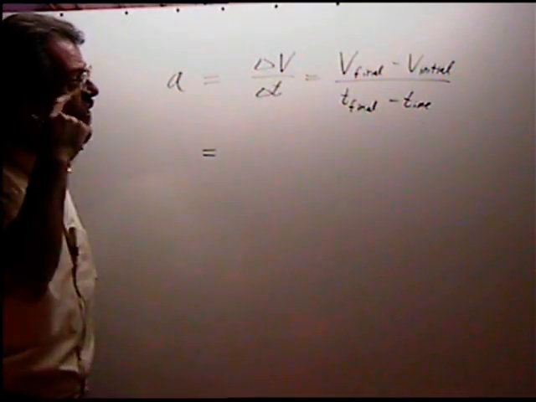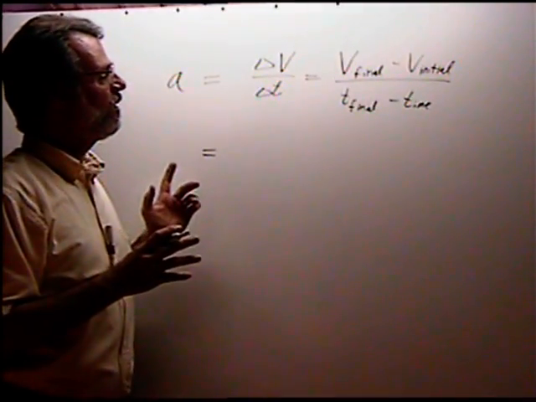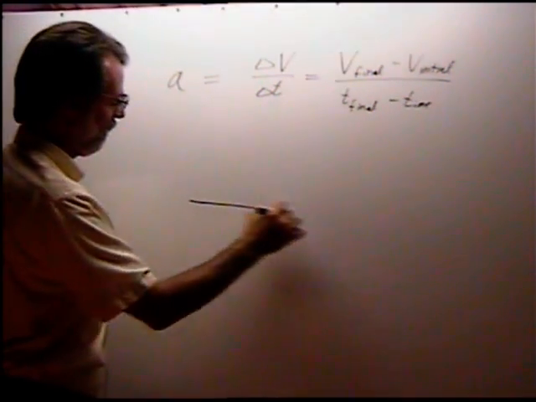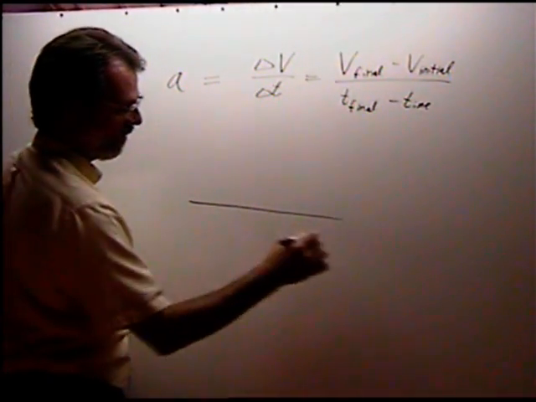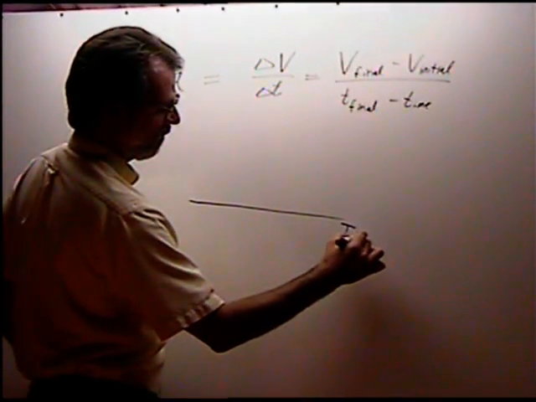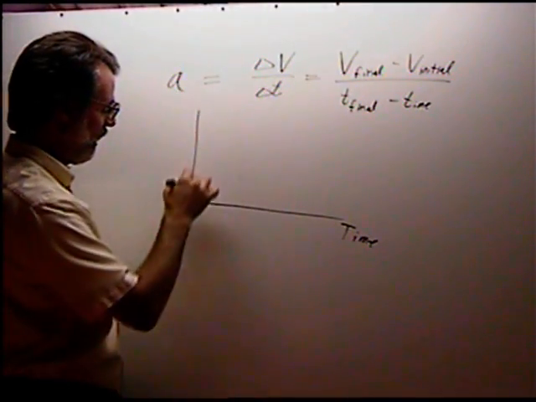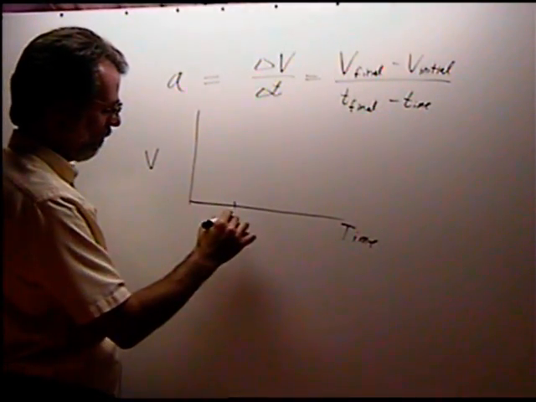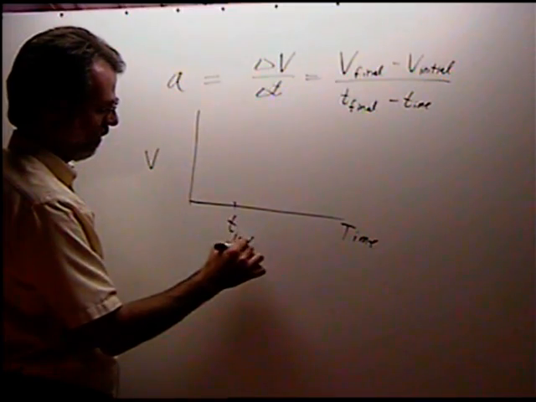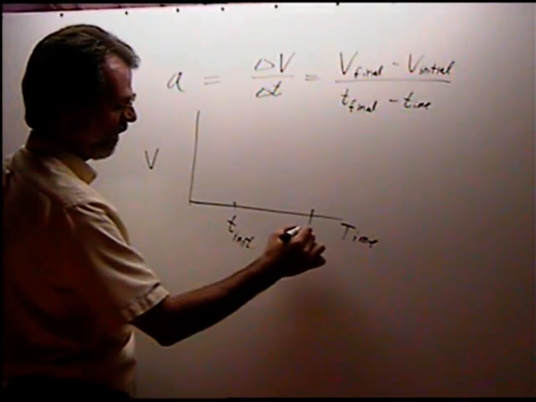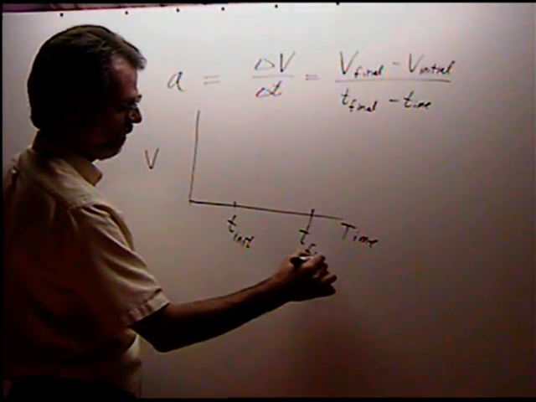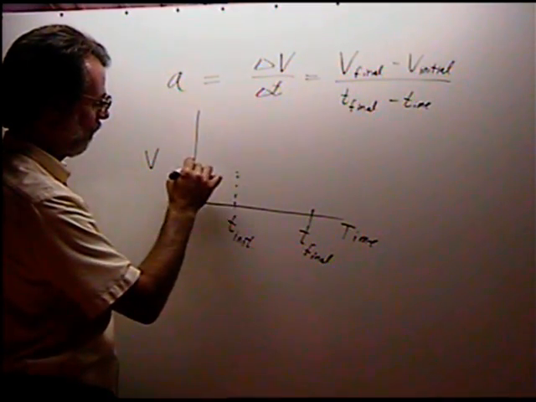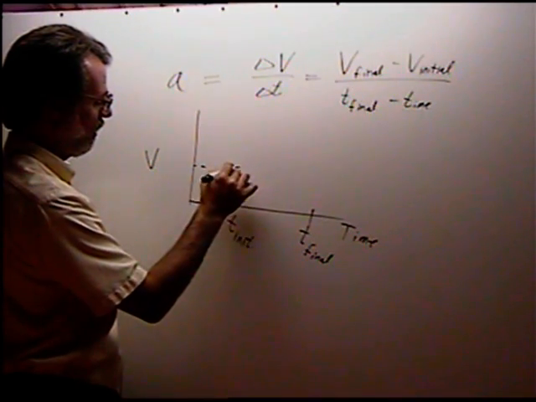So what we have is two different times. If the x-axis is a time axis, and the y-axis is our velocity axis, we have an initial time, t initial, and then we have a final time, t final, and at one particular time we have a certain velocity.